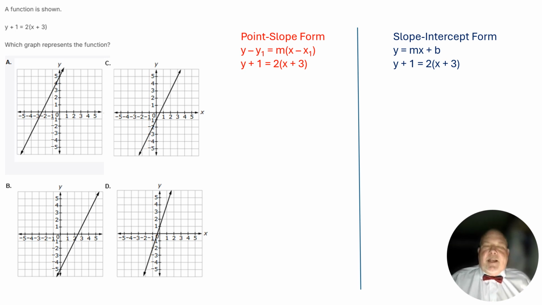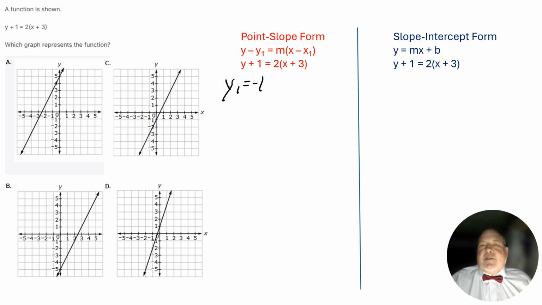Now, here's one thing you got to be careful of here. The form is y minus y1. So if you have a plus 1 here, that means your y1 value is actually negative 1. Likewise, with the 3, it's minus x1.